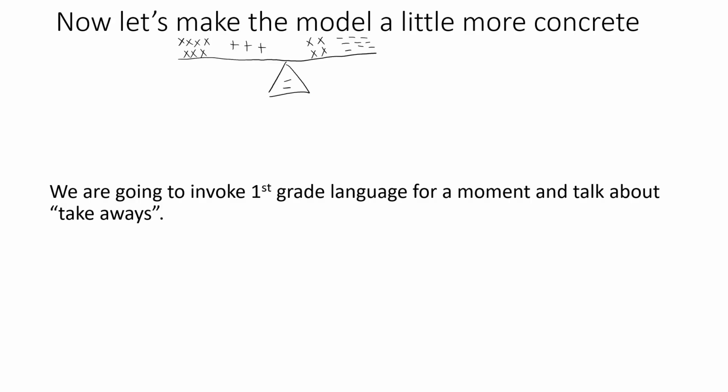Now, we're going to invoke some first grade language here. We're going to go back to first grade for a moment, and we're going to talk about takeaways. When you first learned about subtraction way back, your teacher might have done something like this, where you had 5 dot circles. I don't know what you had in class. And instead of using the word subtract, your teacher might have said, okay, we have 5 and we're going to take away 3.